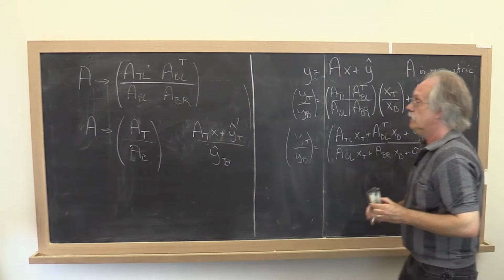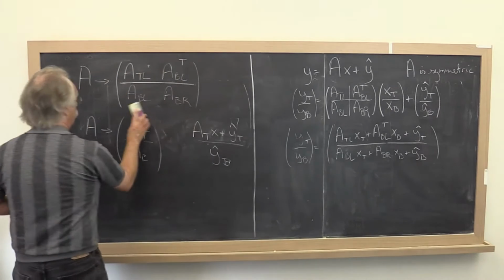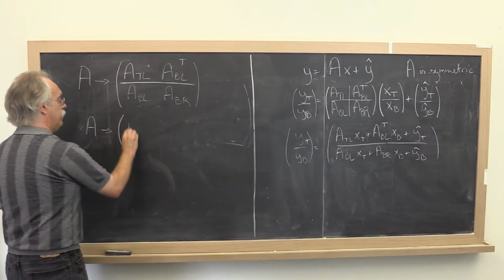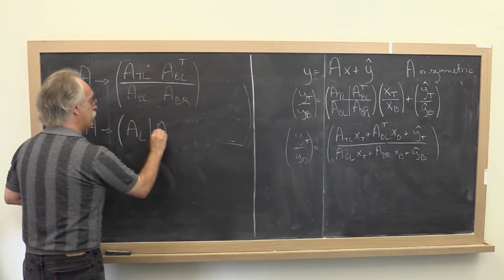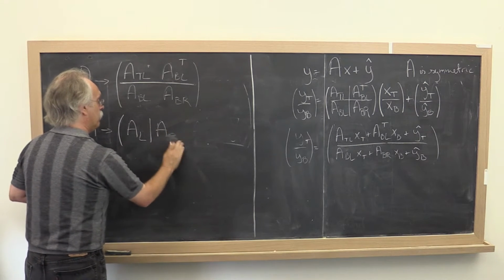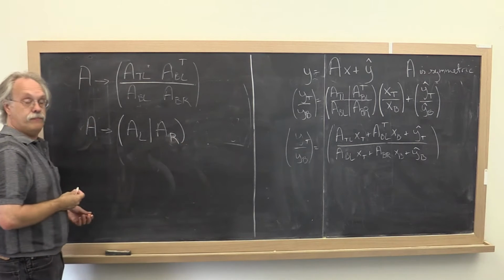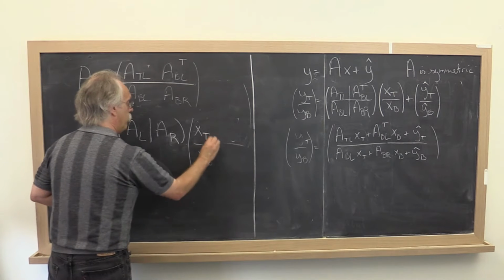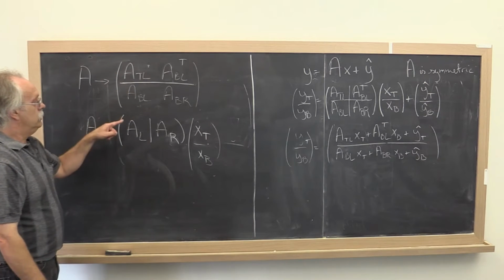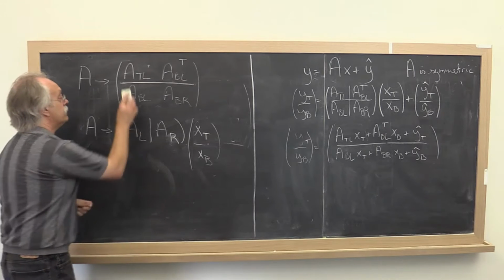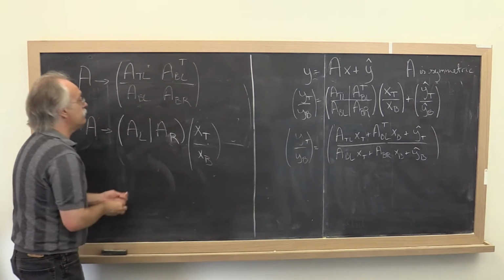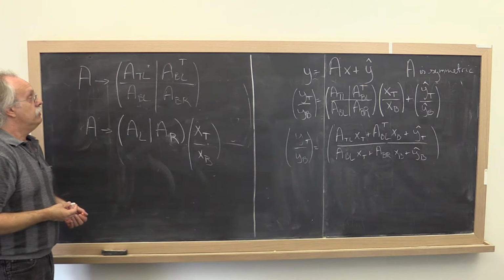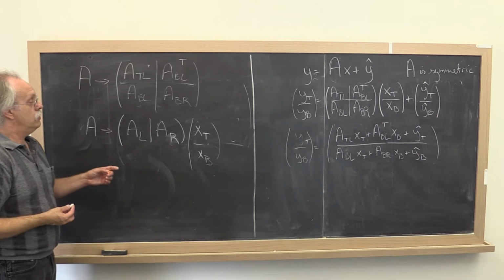Okay? Now similarly, we could say, what if we take our matrix A and partition it into a left part and a right part, which is what we did for loop invariant 3. And then we had to multiply that times x top, x bottom. Here all we have done is said, we'll think of the left part as having a top part and the bottom part and the right part as having a top part and a bottom part.